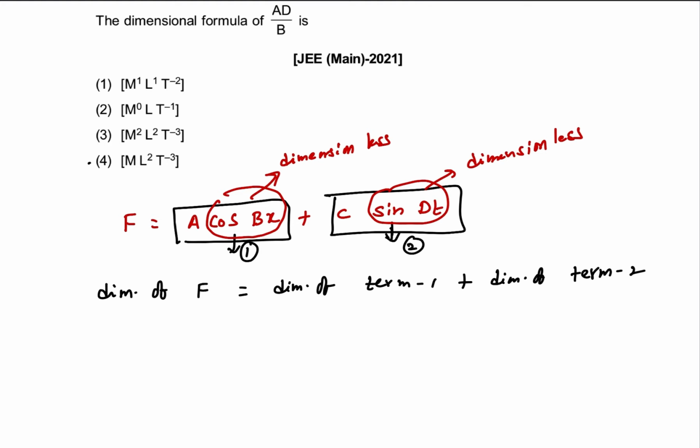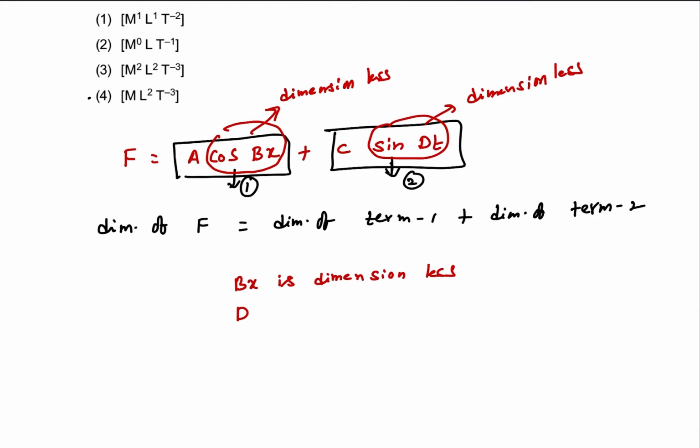Sin dt is there now, that is also dimensionless. So we can say that bx is dimensionless. If bx is dimensionless, similarly dt is also dimensionless.